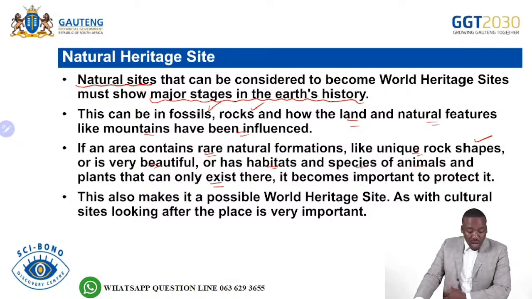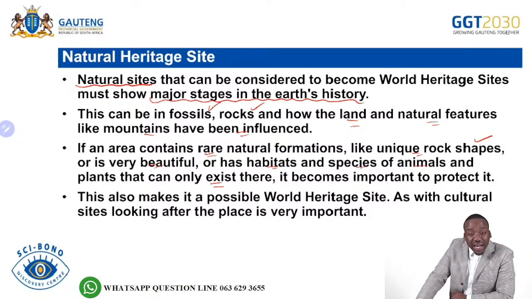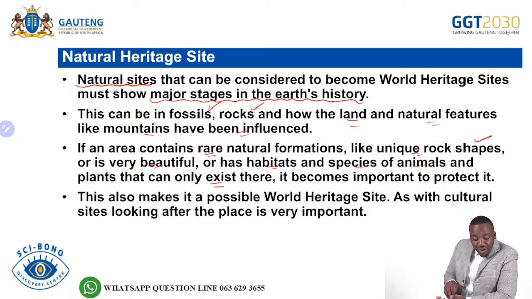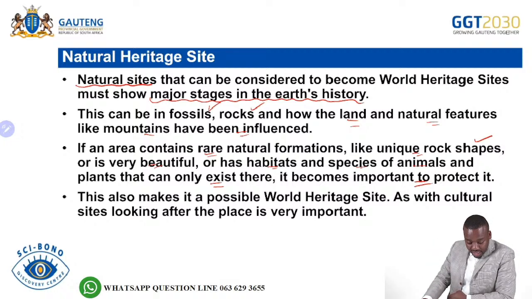For example, so we are saying if an area contains rare natural formations, like it has unique rock shapes or formations, or the place is very beautiful, or it has a lot of habitats and species of animals and plants that can only exist there, then we are saying it is very crucial or important for that particular site to be protected.